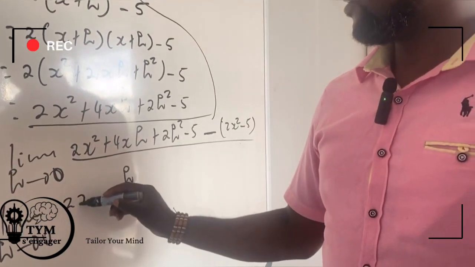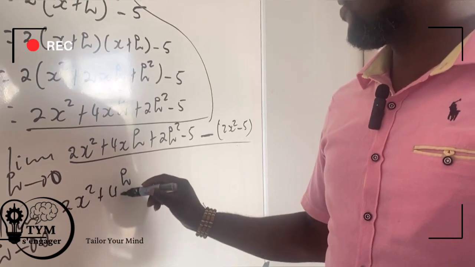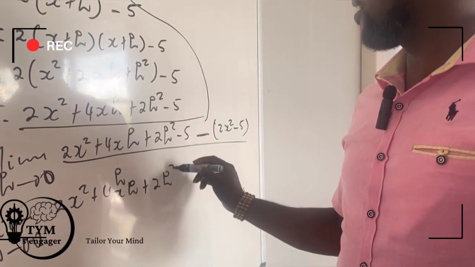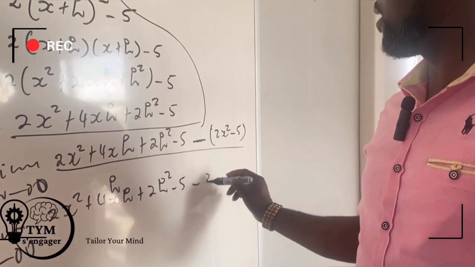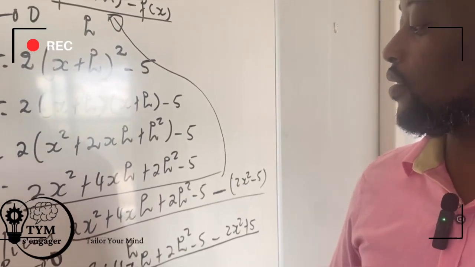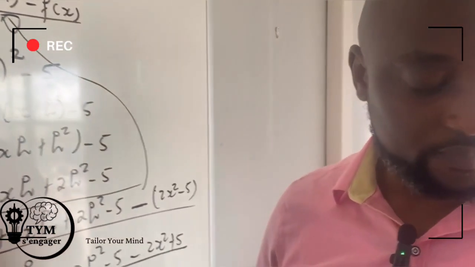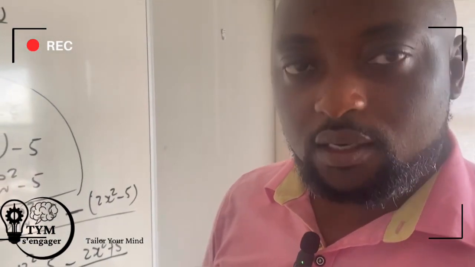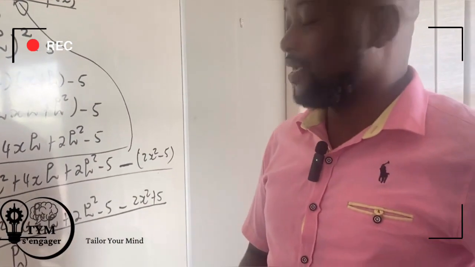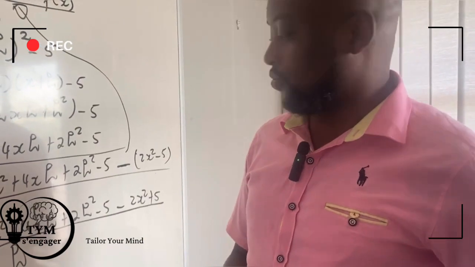You must remember to change the sign for the entire given expression under f of x. So that will be 2x squared plus 4xh plus 2h squared minus 5 minus 2x squared plus 5, the whole stuff over h. Now notice at this stage, anything that does not contain h is bound to cancel out.